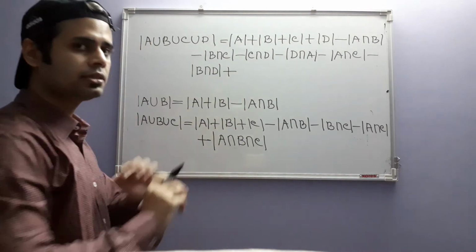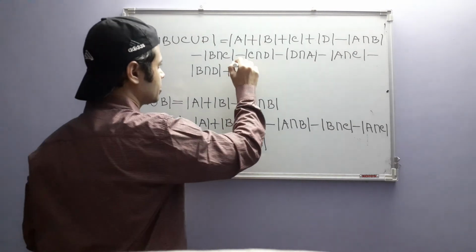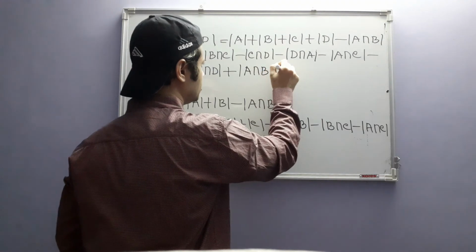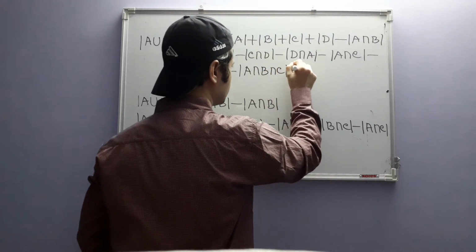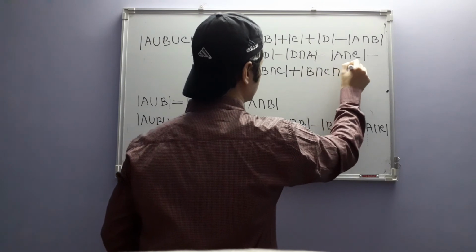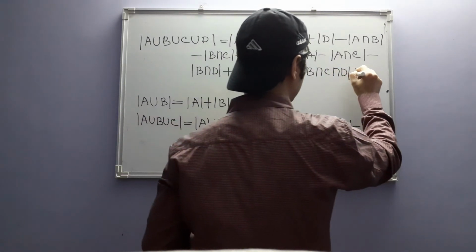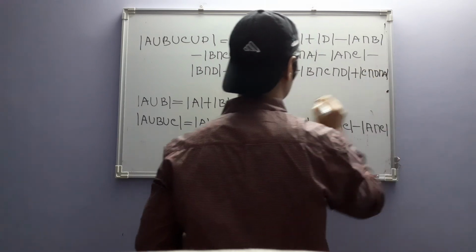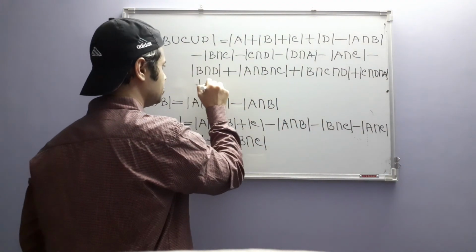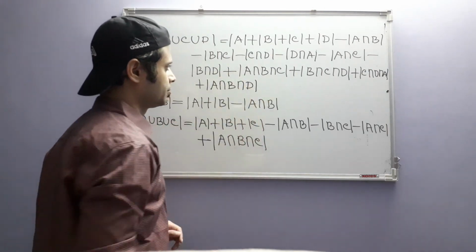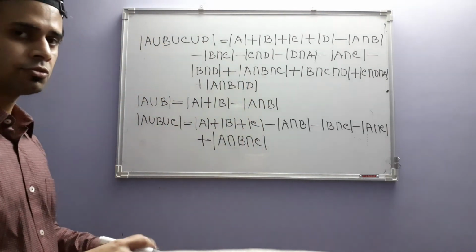Now you take 3 sets at a time and write their intersection. ABC, BCD, CDA plus ABD. Then comes 4 sets.